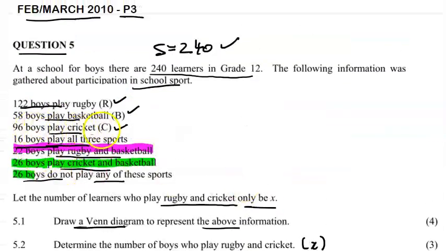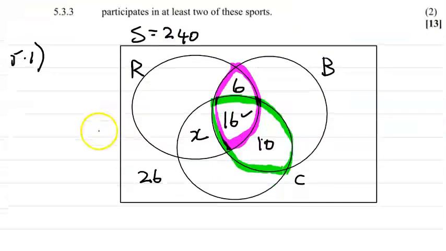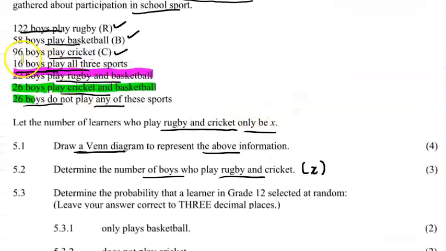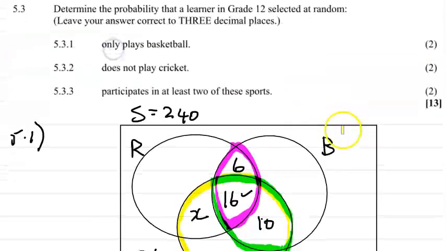96 boys play cricket. Now for cricket, this whole circle here is cricket. So everything inside this circle must add up to 96 boys playing cricket.